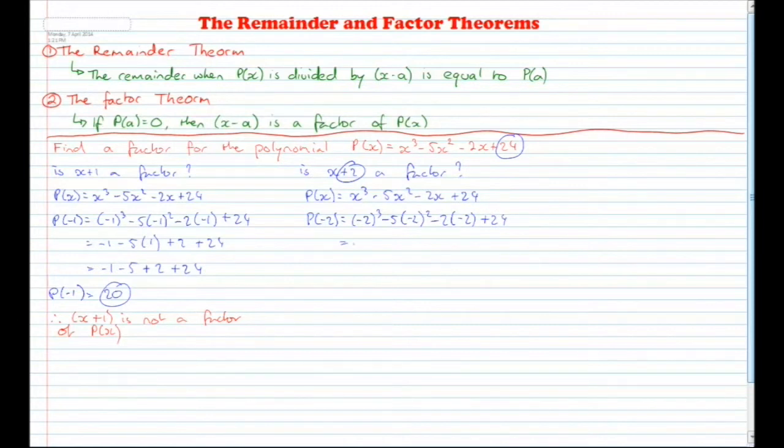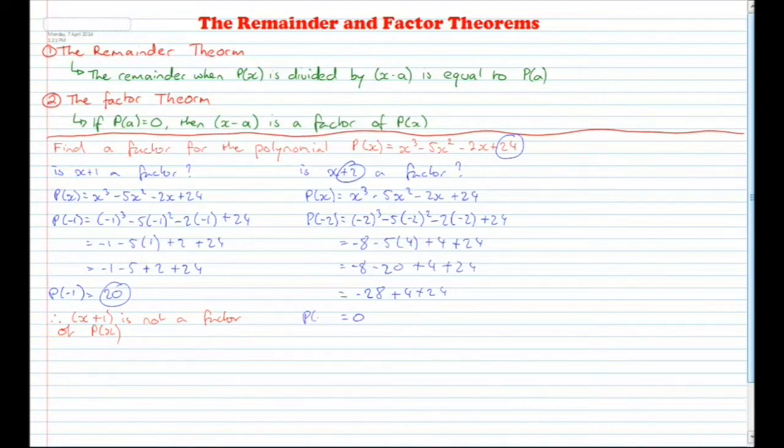Negative 2 cubed is negative 8. Negative 5 times negative 2 squared is negative 20. Negative 2 times negative 2 is positive 4 plus 24. That gets me negative 8 minus 20 plus 4 plus 24. Negative 8 minus 20 is negative 28 plus 4 plus 24. Wait a second, 4 plus 24 is 28, so negative 28 plus 28 is equal to 0.